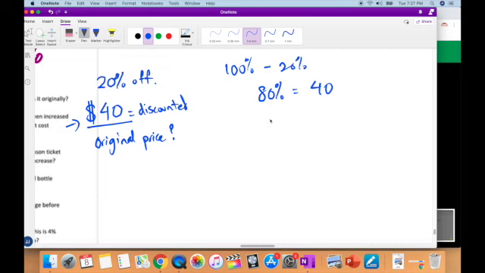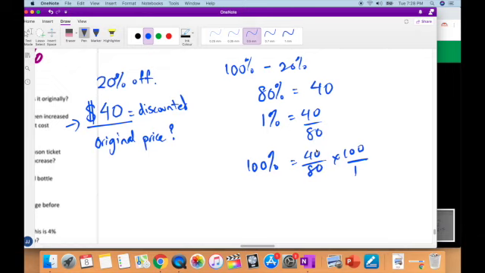So if 80% is $40, 1% is 40 over 80, and therefore the original 100% price will be 40 over 80 times 100 over 1. This is 1, this is 2. A half of 100 is $50.